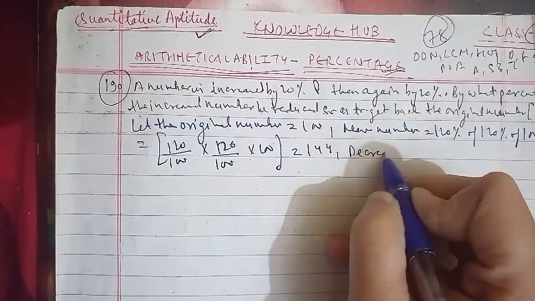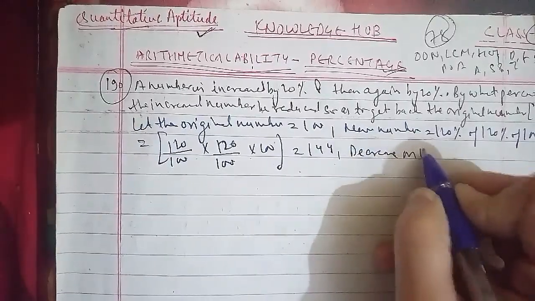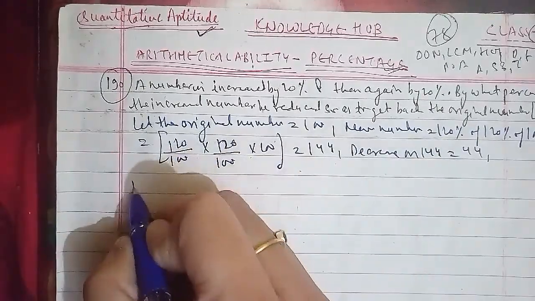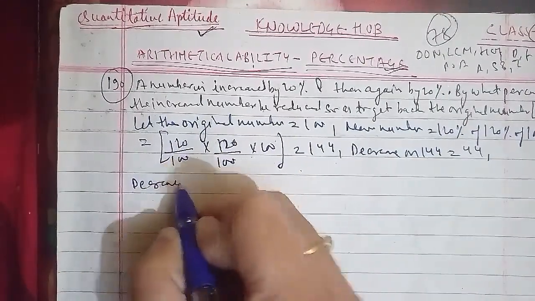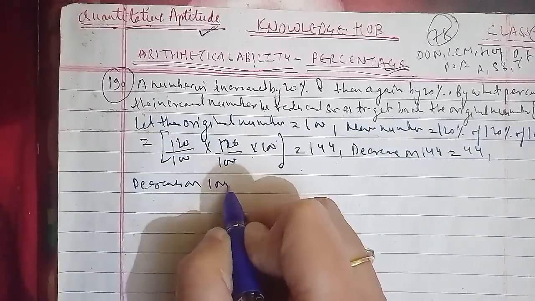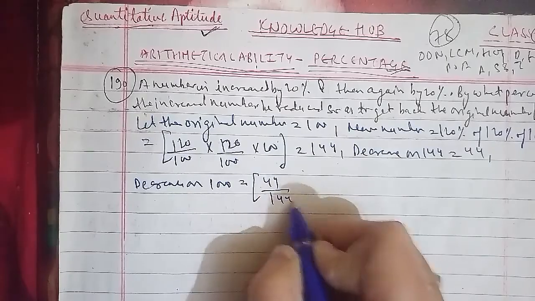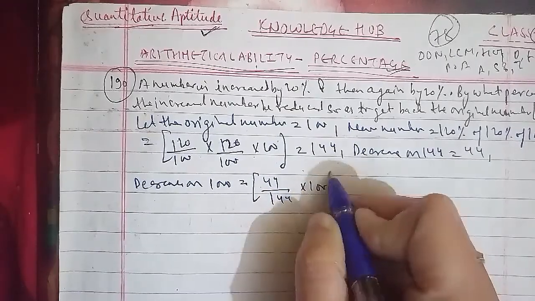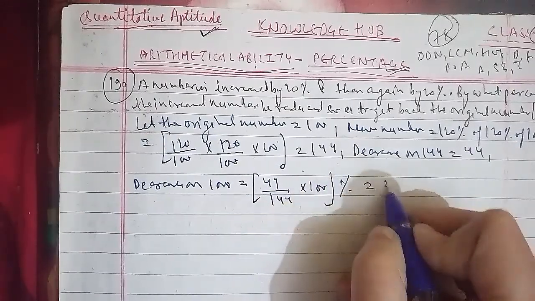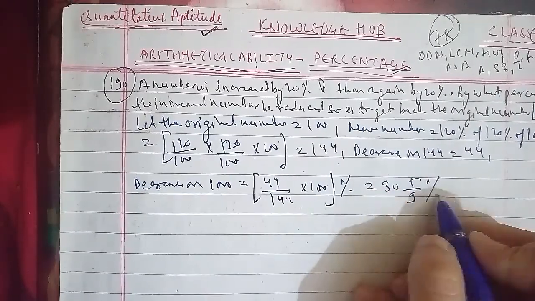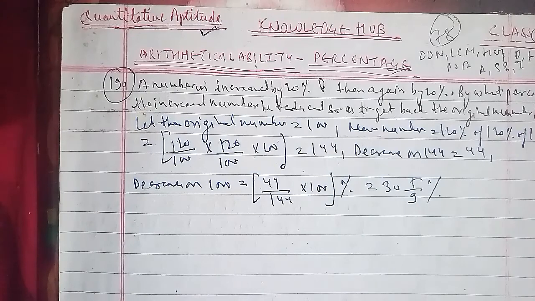So the decrease on 144 equals 44. So the decrease on 100 equals 44/144 into 100%, which equals 35 5/9%. Let's go ahead for the next.